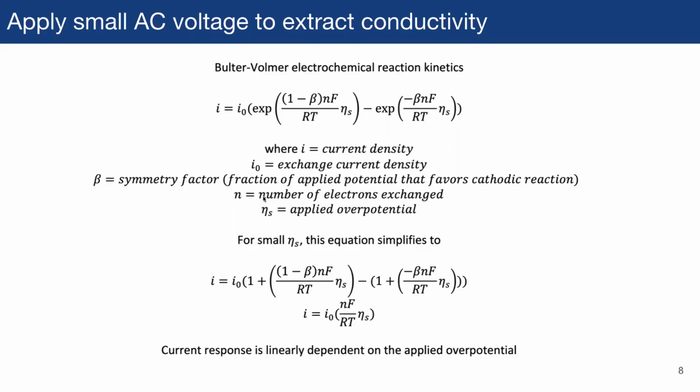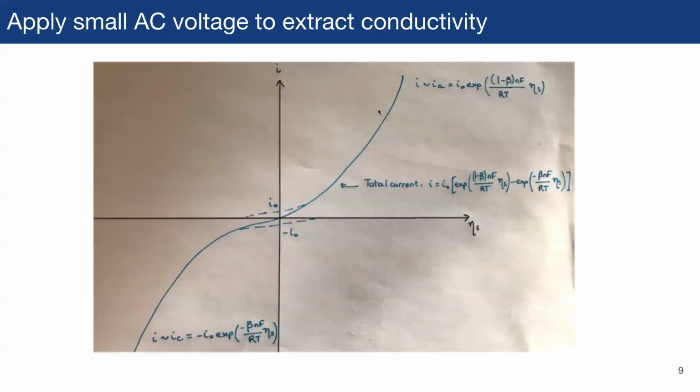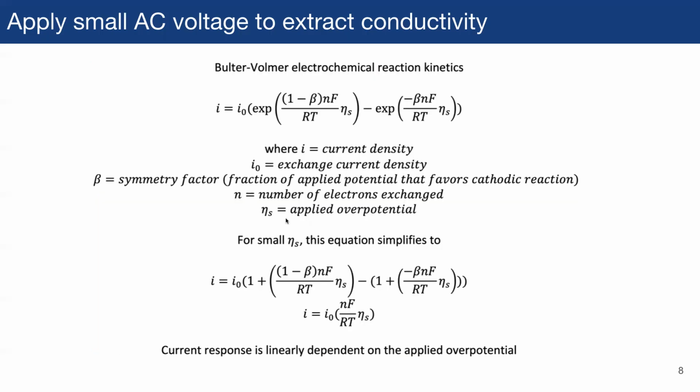On the left here is the term driving our cathodic reaction, and on the other side, the term driving our anodic reaction. We have exponential terms. If we look at our plot of how this equation usually looks, you can see that we have an exponential on both sides, where our applied overpotential is going to exponentially drive the current.